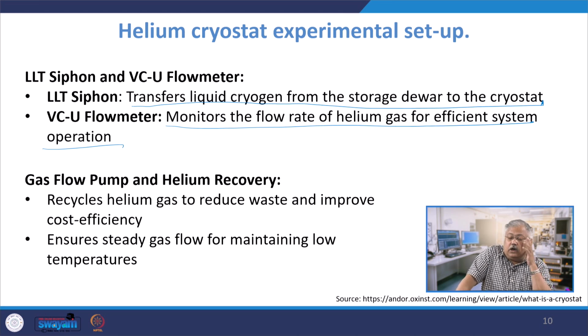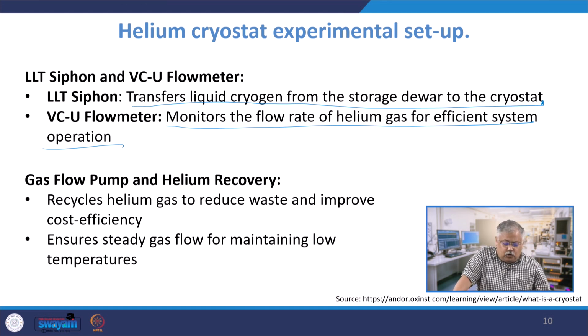So I can do a real time change in the flow so that I know that I require maybe a larger or a smaller amount of gas per unit volume. There are also certain cryostats available, or even siphon and flow meters, which purely run on a feedback loop, and if you set the temperature of the chamber, it automatically changes the flow meter parameters so that the temperature is maintained properly where the quantum qubits are kept.